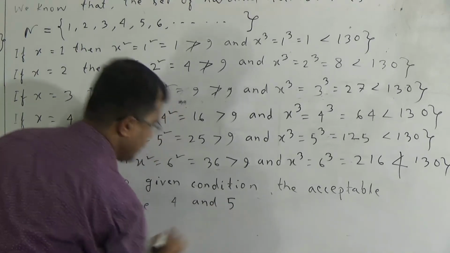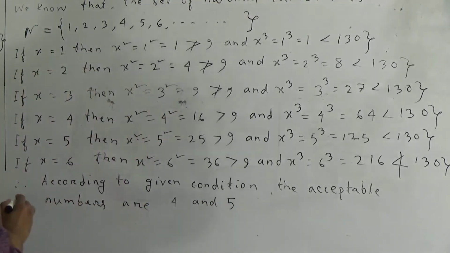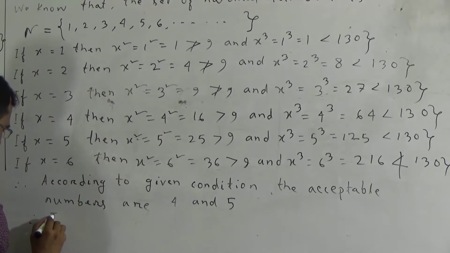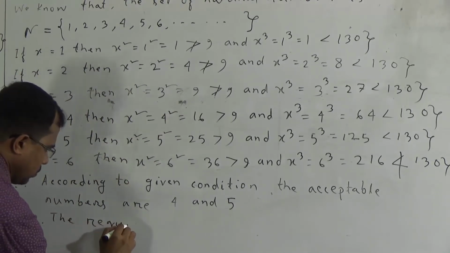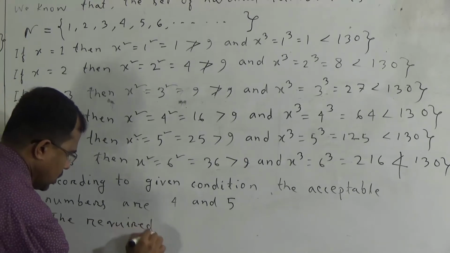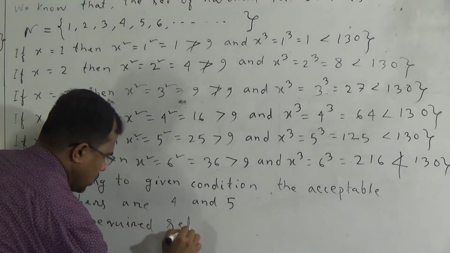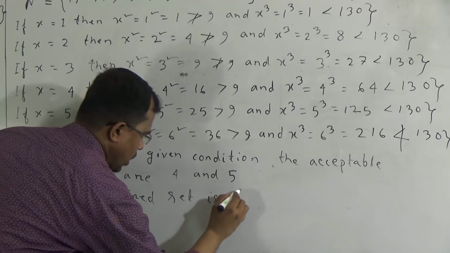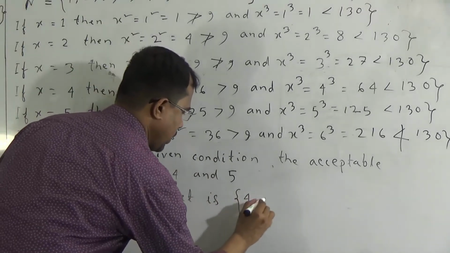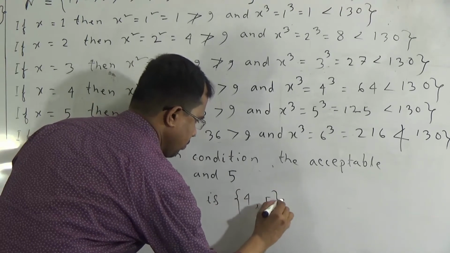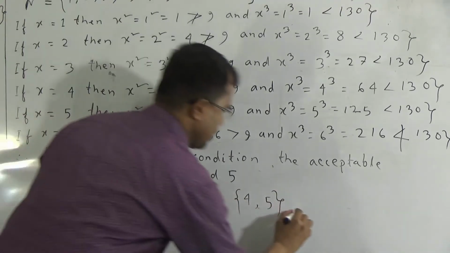Therefore, our required set in Roster method will be: we have to keep these two elements in curly brackets and we have to give a comma between the elements. This is the answer.